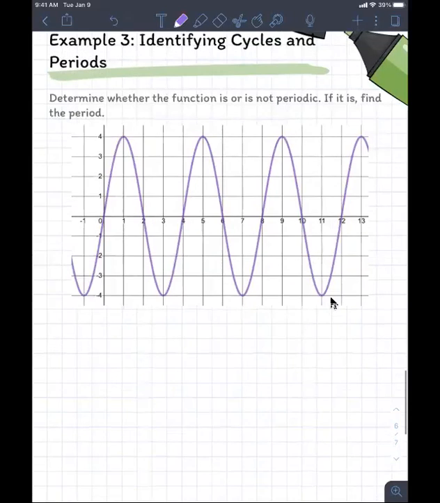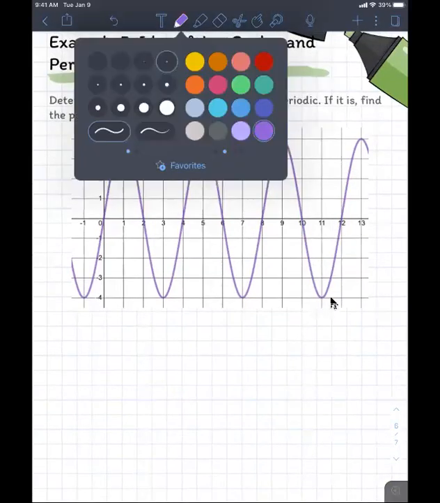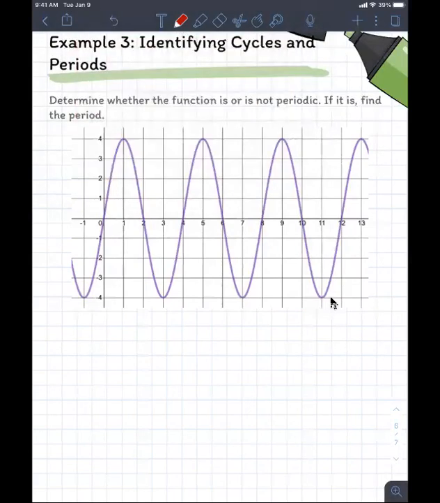All right, in example 3, tell me yes or no, is this periodic? All right, we're doing a lot better this time. Yes, this one is periodic. If you had to calculate the period, can you tell me what you think the period is in the chat?